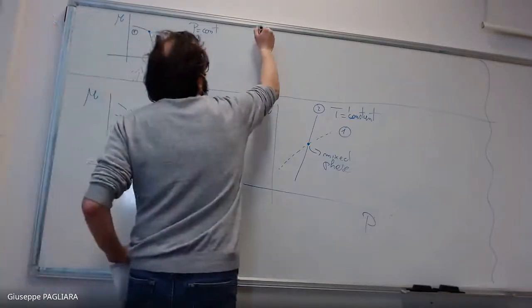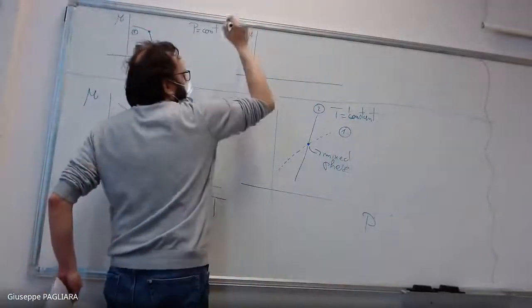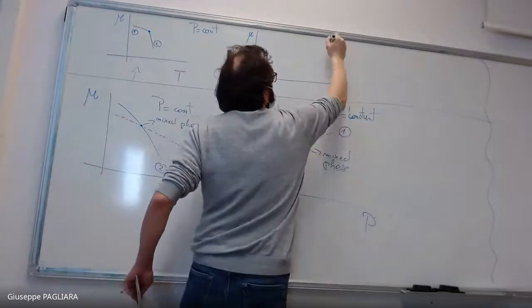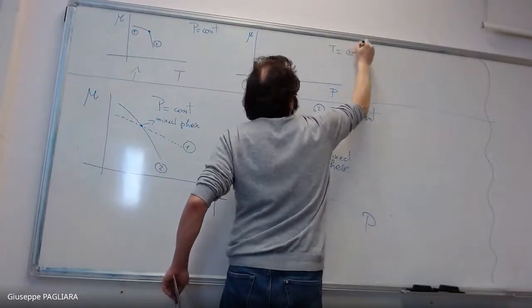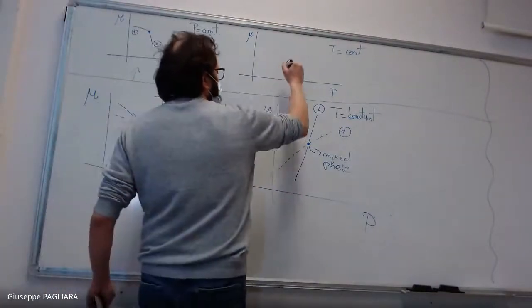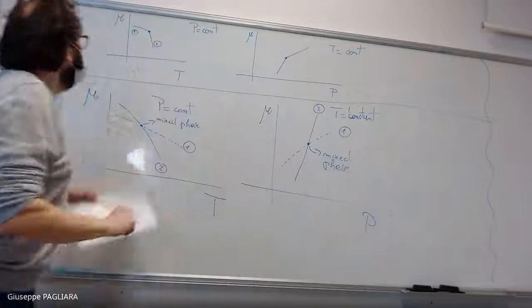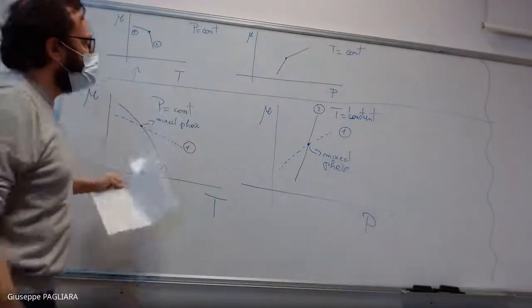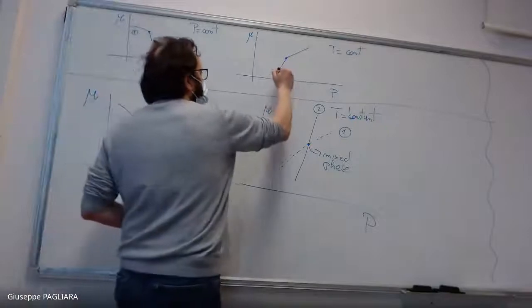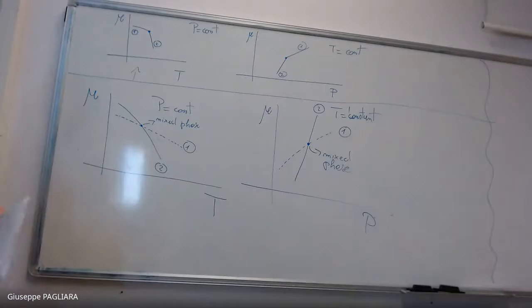And similarly, for the other plot, here we have mu as a function of pressure at fixed temperature. And again, the phase that wins is the one with the smaller chemical potential at fixed pressure and temperature. And therefore, we'll have something like that. This is 2, and this is 1, this is 2, and this is 1.